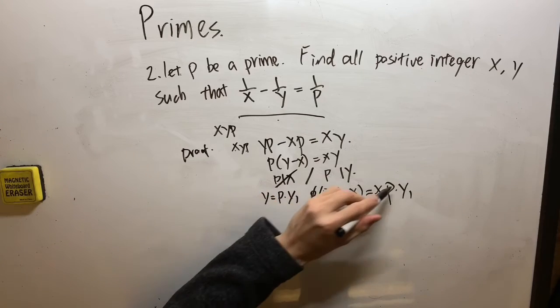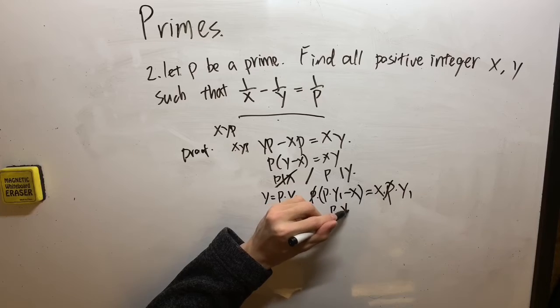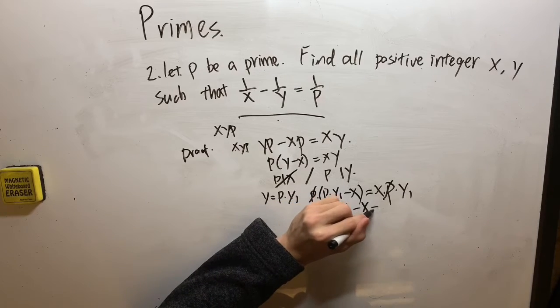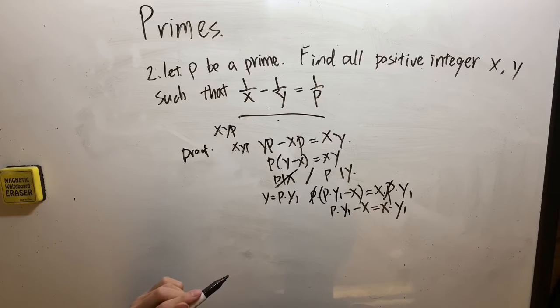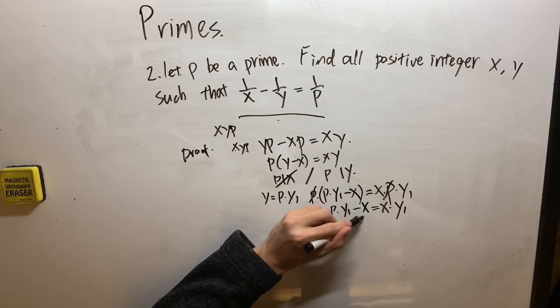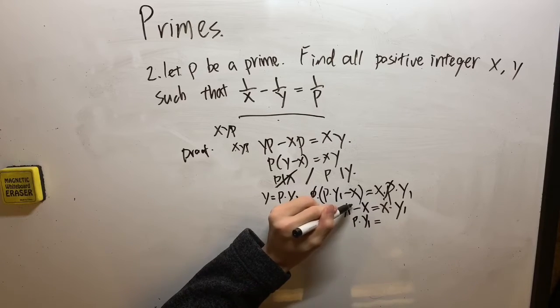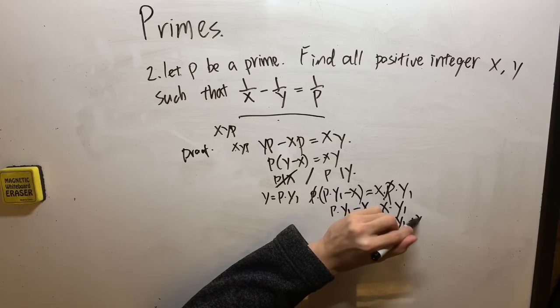We cancel p on both sides, then y1 minus x equals x times y1 over p... so p times y1 equals x times y1 plus x.